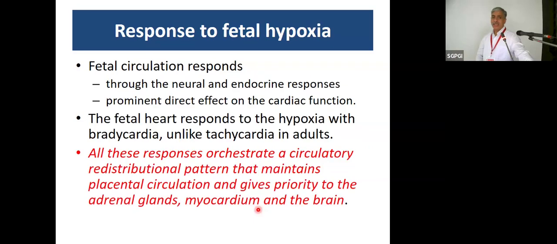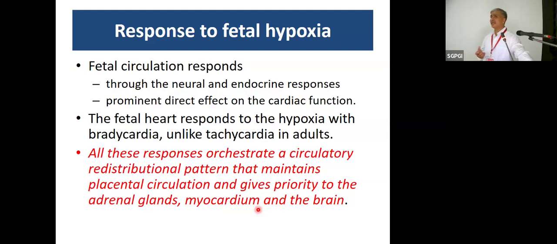The second part is the response to the fetal hypoxia which is happening inside. The fetal circulation responds through a neural and endocrine response, and the response to hypoxia is bradycardia.